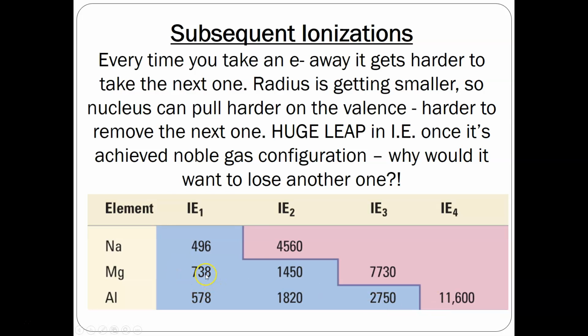When I look at this one, it kind of doubled, and then, oh my gosh, it went all the way up to 7,000. That's probably going to be a +2 ion, because the first two were relatively easy. The next one was a crazy big jump. When I look at sodium, I'm going from here times 10. That's definitely a +1 ion. So you can use these subsequent ionizations to justify and predict what you think the charge would be.